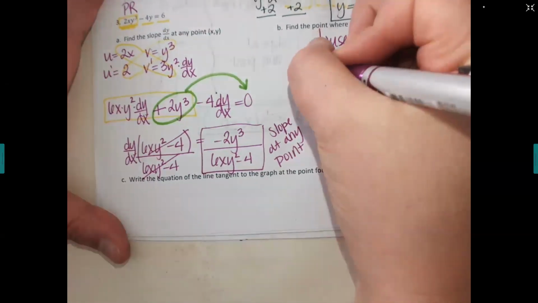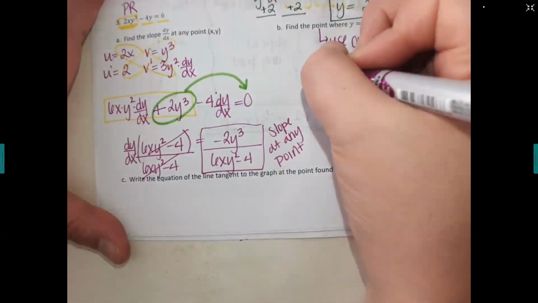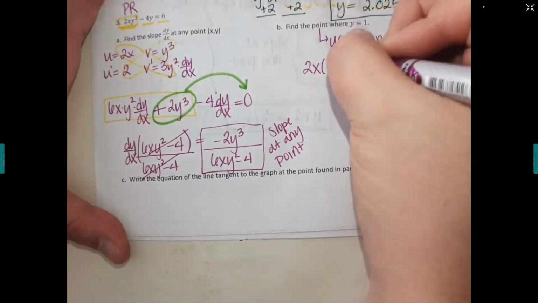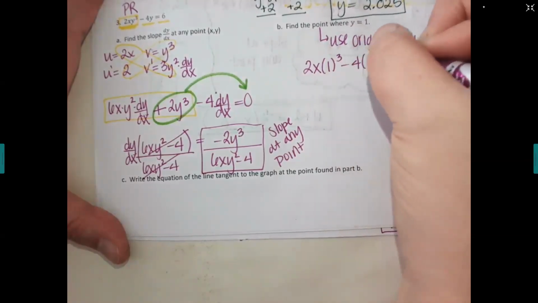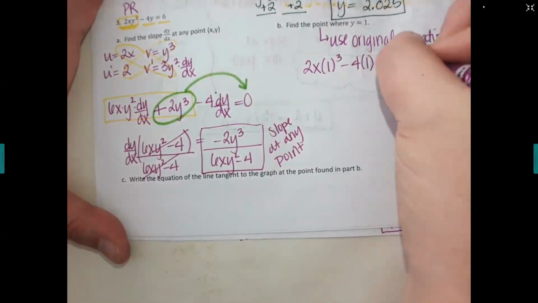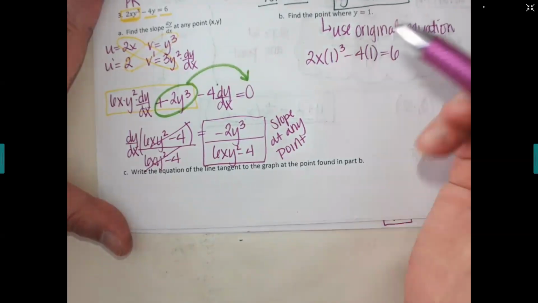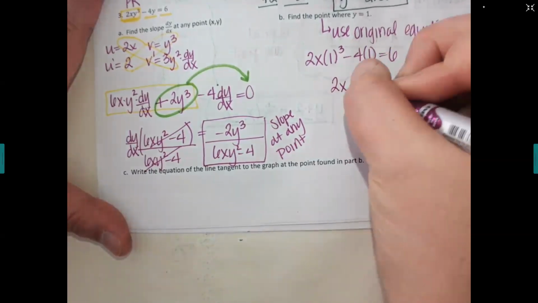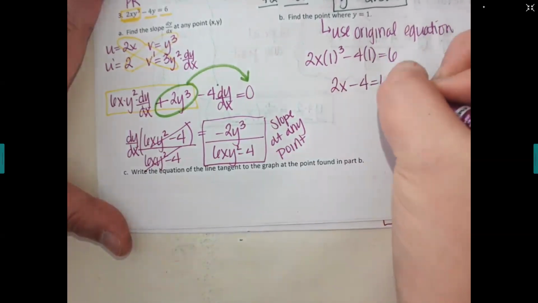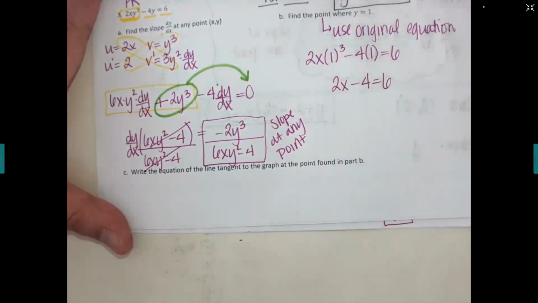So it's 2xy cubed is now a 1 cubed minus 4y is a 1 equals 6. Okay, we know to follow PEMDAS, 1 cubed is 1 times 2x is 2x. 4 times 1 is 4. What would my next step be?